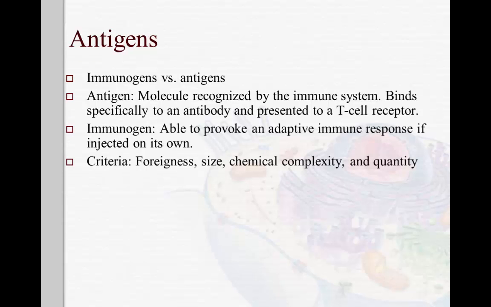So to explain a little bit more about that, remember that we have self-antigens. So the body tries to allow self-antigens, try to allow the immune system to prevent recognition of the self-antigen by lymphocytes and antibodies.